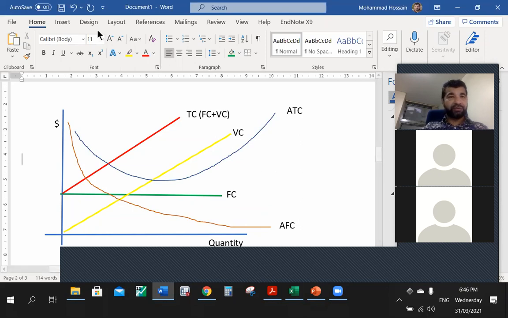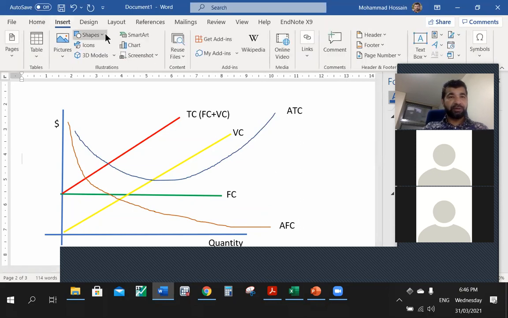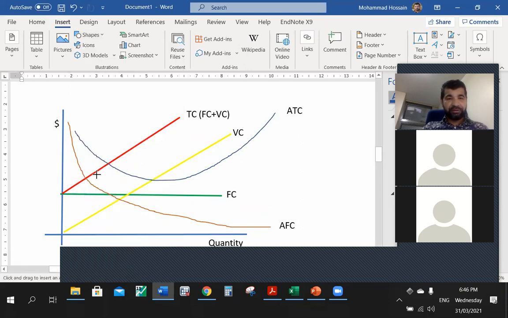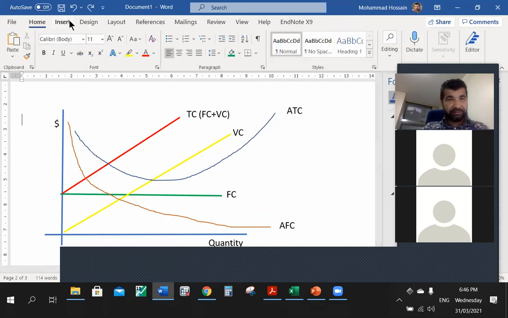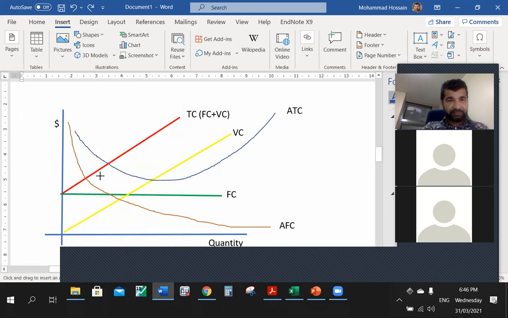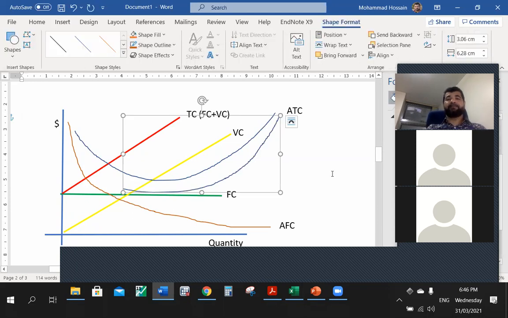Now we're gonna do another one. This one is gonna be tough now actually, but I'll do it. It's gonna be like this. That will be average variable cost.